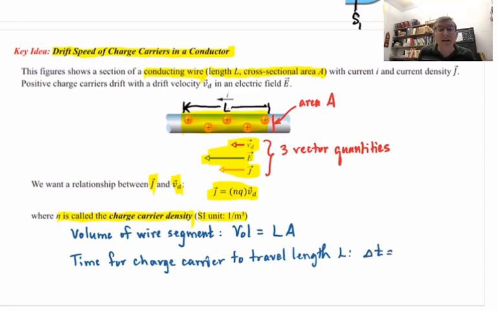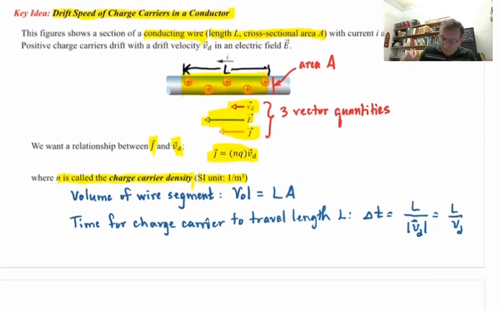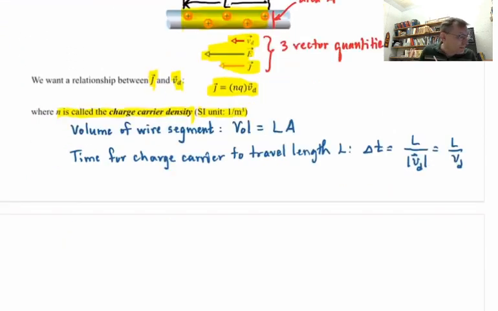Well, if they're traveling at a constant speed, it's the distance over the speed. Notice I'm distinguishing there between speed and velocity, which I'll write like that. L over the drift speed. That's how long it takes any charge carrier to travel the distance L.